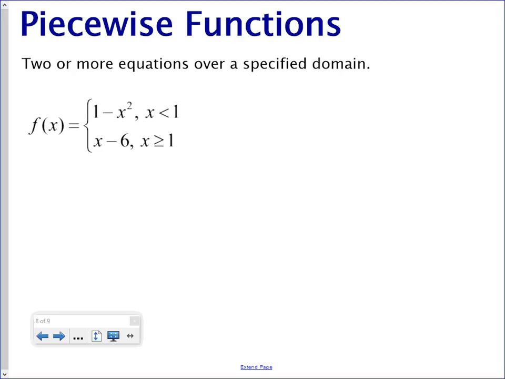So I have the functions 1 minus x squared and x minus 6. But behind each of the functions, it tells me for what specified domain I actually use that particular function. So that very first function, 1 minus x squared, I only use that when x is less than 1.